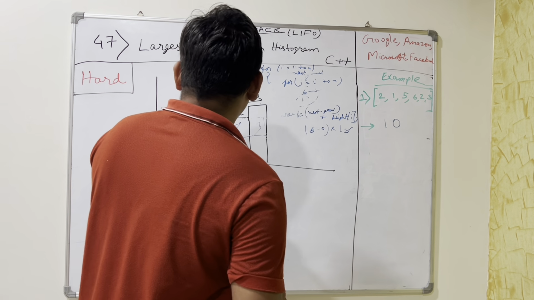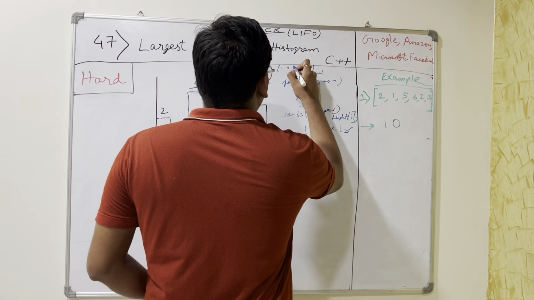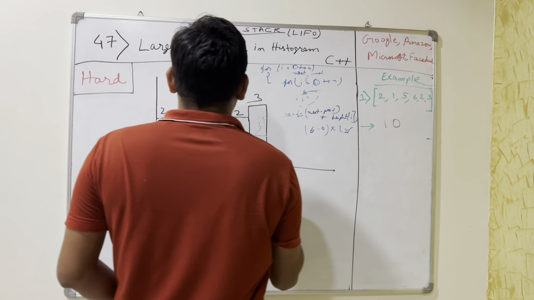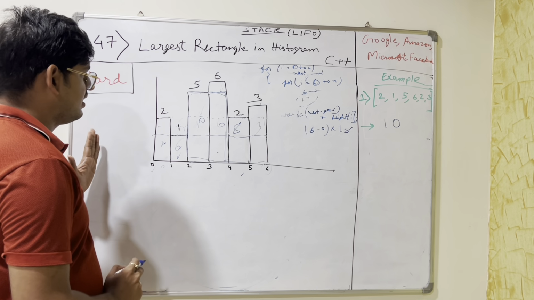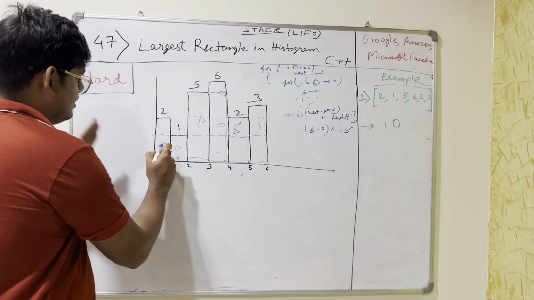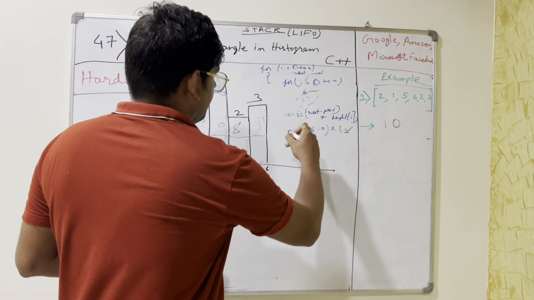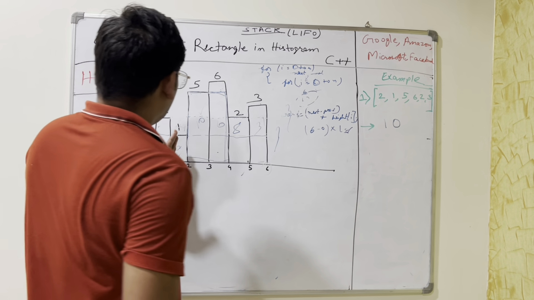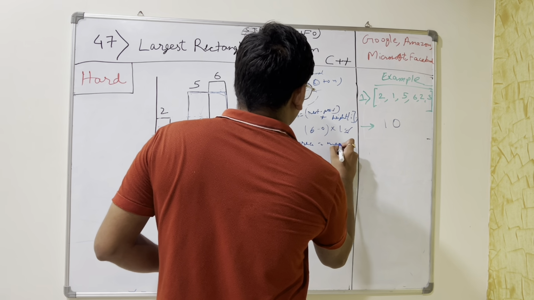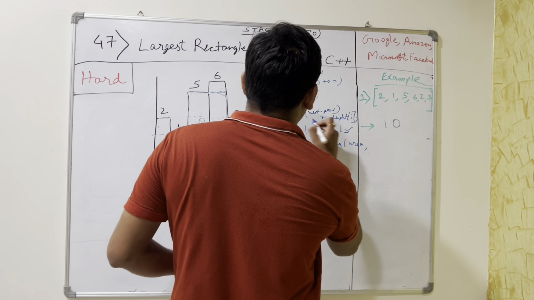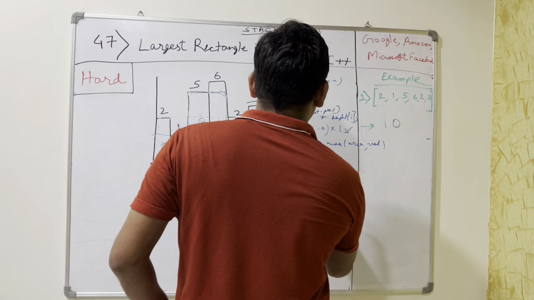If we are here, we will go towards this side and find its previous smaller. For this one, we don't have the previous smaller, so it would be 0, and we will find the next smaller for this one, and then we will find the area. So for all of them we will do it, and whichever area is more, we will return: area is equal to max area and whatever value we got.